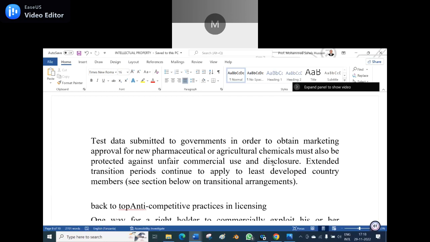Moreover, when marketing, the cost should also be low. If the cost is high, people will not afford it. So try to supply in a cheaper manner if life-saving drugs or very common drugs are concerned. It is protected against unfair commercial use, so it cannot be disclosed.